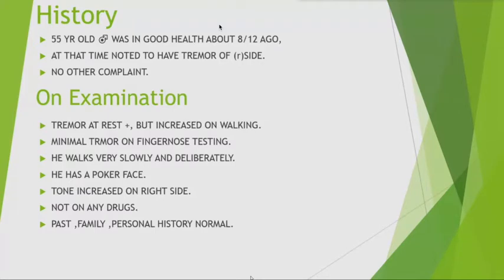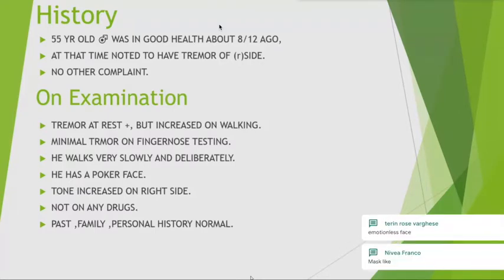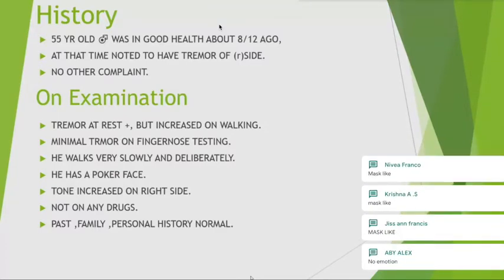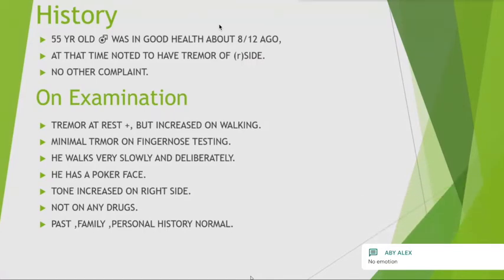What's the classical description of the face of a Parkinson patient? Expressionless face, mask-like face. What are the features of an expressionless face? What are the expressions you have? Sir, only smiling.